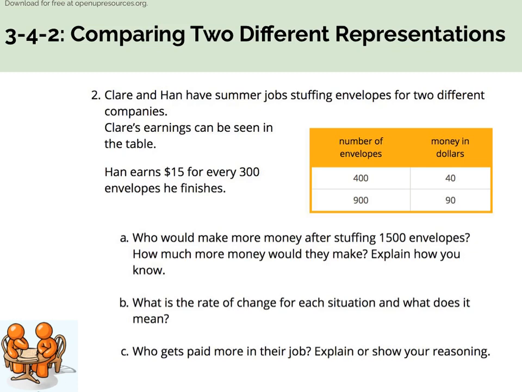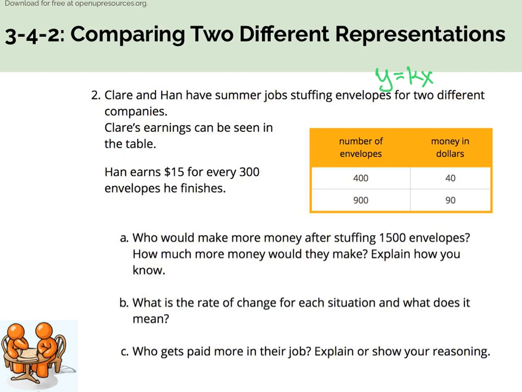All right, now since you've worked through it, let's go through it ourselves. First of all, let's look and see. We have number of envelopes, and then we have dollars. We need to find an independent and dependent variable. The reason for that is we want to write the y equals kx equation. And this will help us so much to answer these. So think about it.